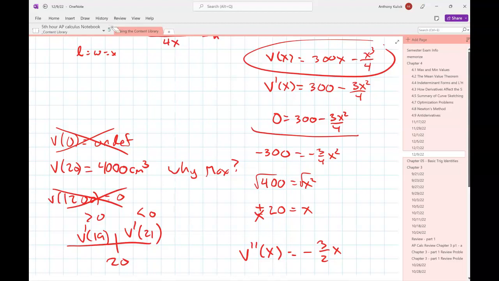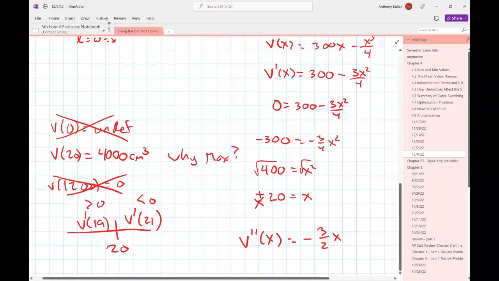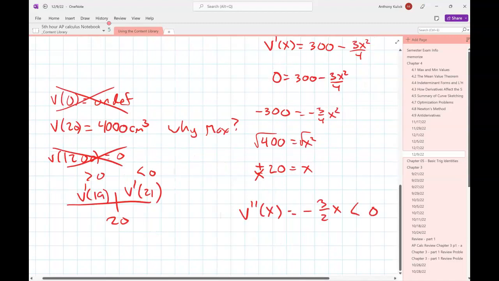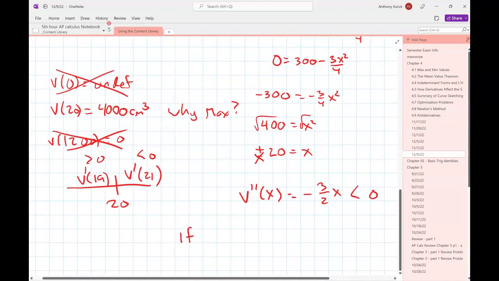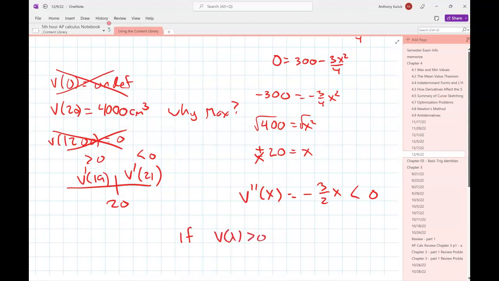I just took the derivative of this, right? And I notice that this is always negative. So the second derivative test says if v prime of x is equal to 0 and v double prime of x is negative, then x is a maximum.